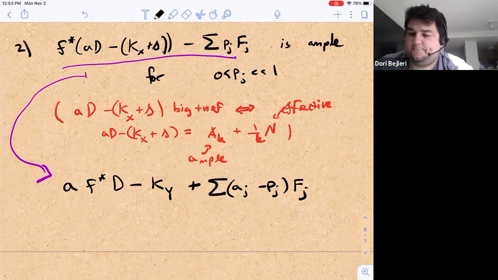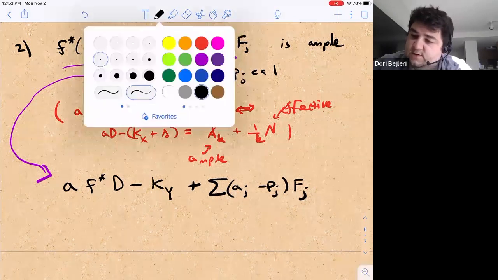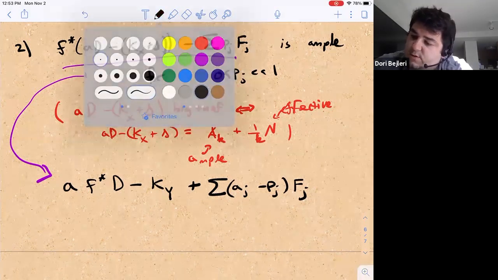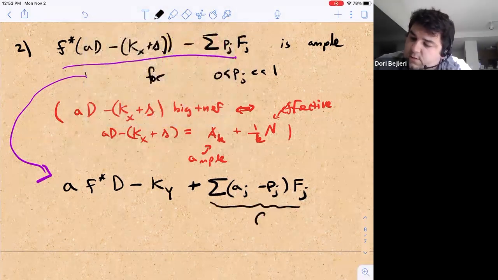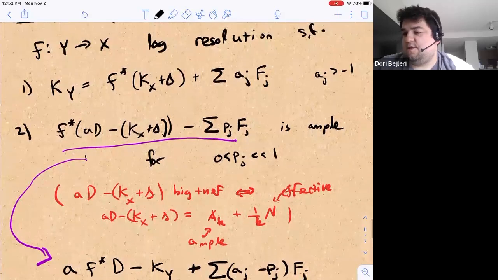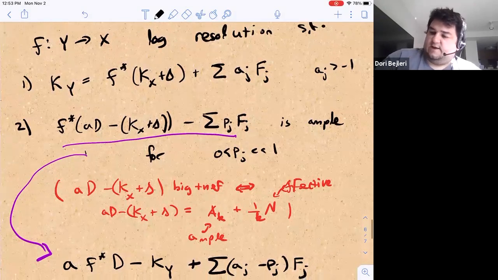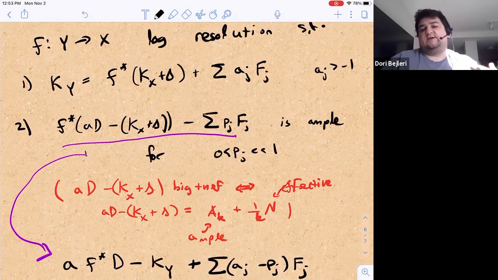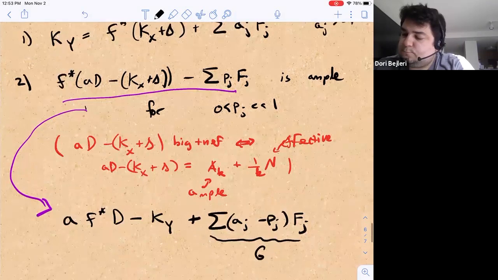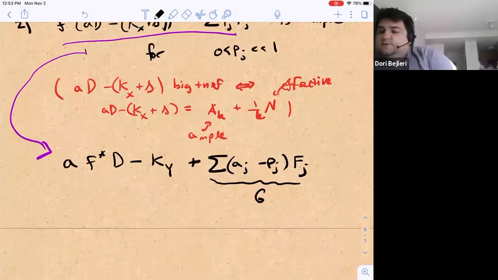So now we're just going to call this G. And this is why here we're allowing some of the A's to be 0, because the PJFJs that appear in making this difference ample are going to include the strict transforms of N, and the strict transform of N might have nothing to do with the boundary or the exceptionals, and so those will appear with coefficient 0 in this sum of AJFJ. But that's okay. So we'll call this G.